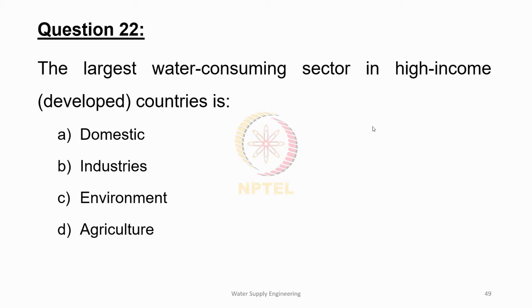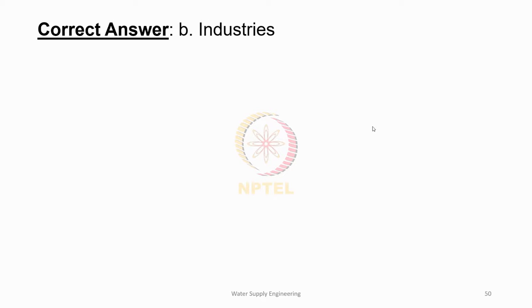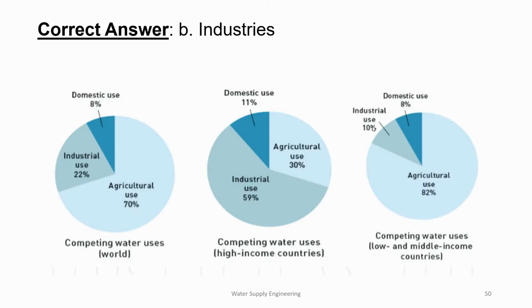Okay, so many of you have answered option B and a few option A. Let's see. The correct answer is option B, industries. So, in the case of competing water use worldwide, for high income countries as well as low and middle income countries, a pie chart is given.